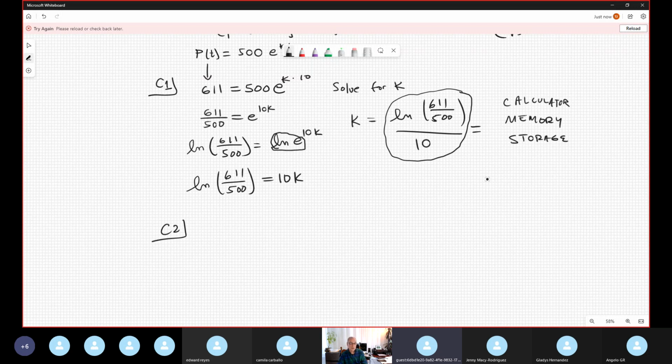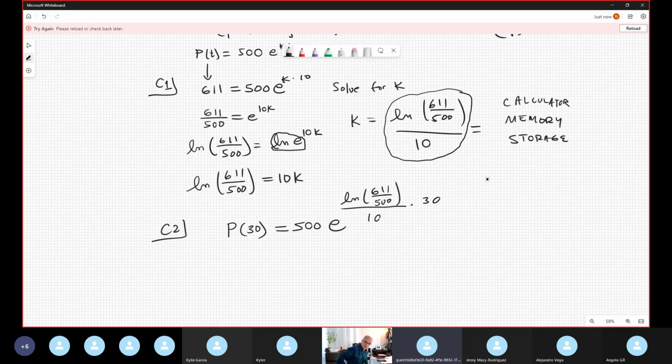In condition 2, we have the same situation. We have population in 30 days. The thing I try to find is P30, equal to 500, the initial population, exponential, and k is this number, natural logarithm of 611 divided by 500, divided by 10, multiplied by t, where t is 30.